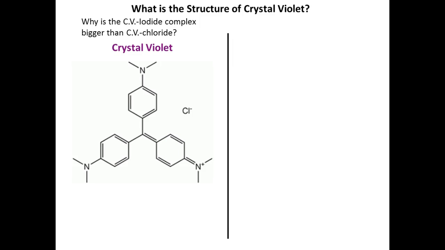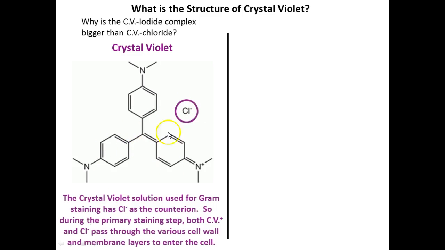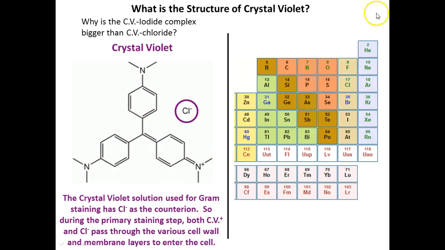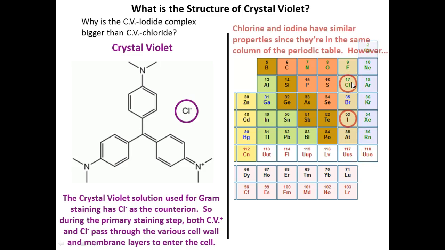So, again, we looked at the structure of crystal violet. It becomes positively charged. It loses its chloride ion. Chlorine is very similar ionically. If you look on the periodic table, it's in the same column. So here's chlorine, here's iodine. The difference is iodine is bigger.